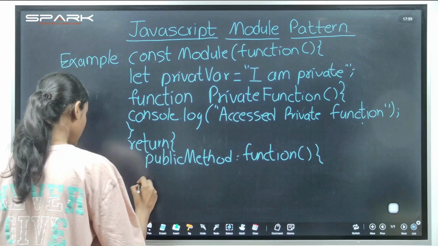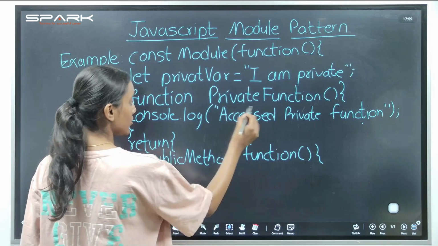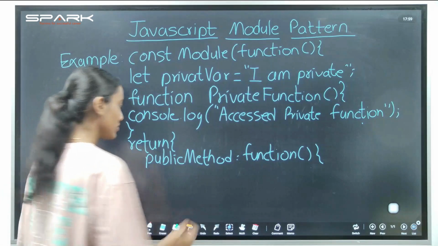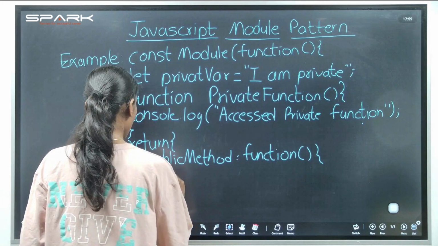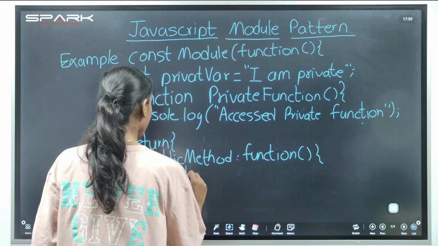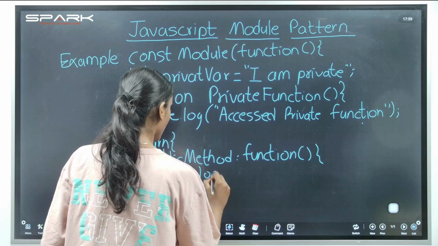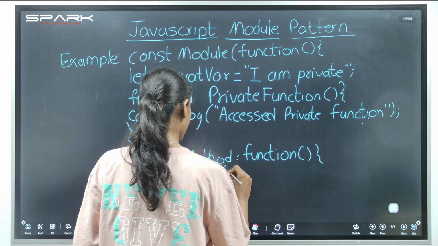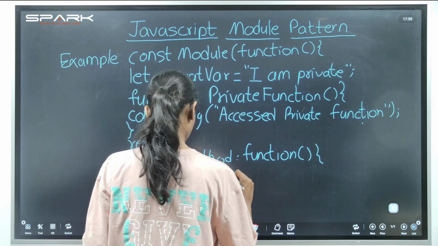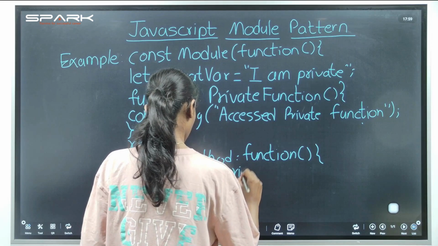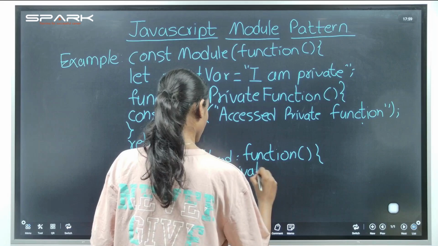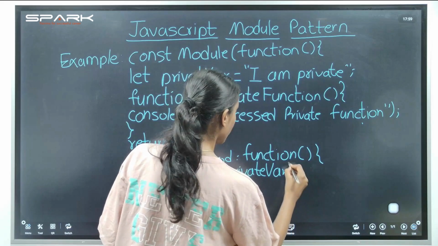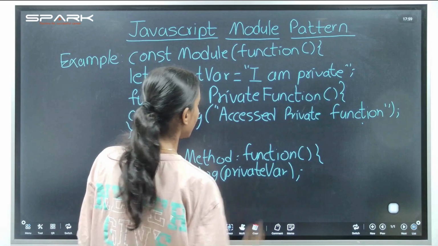Inside this public method, we can call the private variable as well as the private function. So we are going to call the private variable using console.log. Here we have called the private variable.